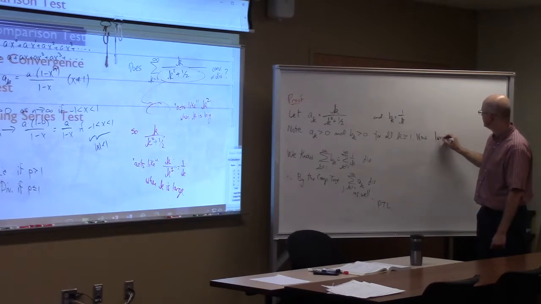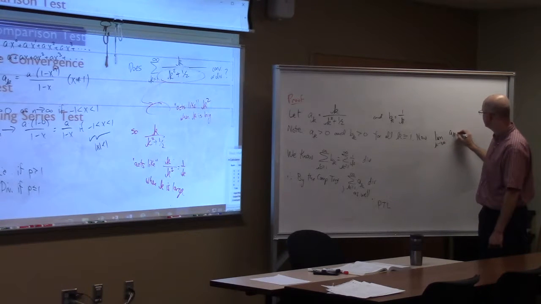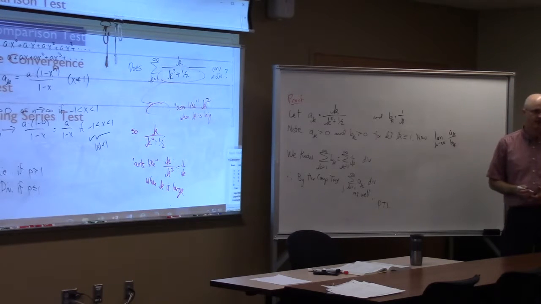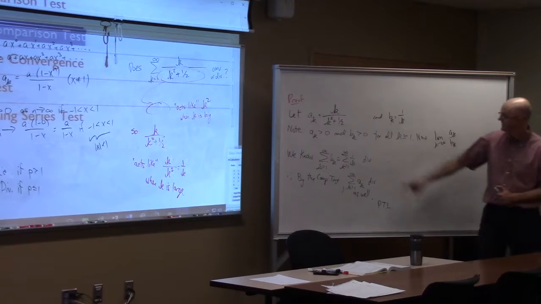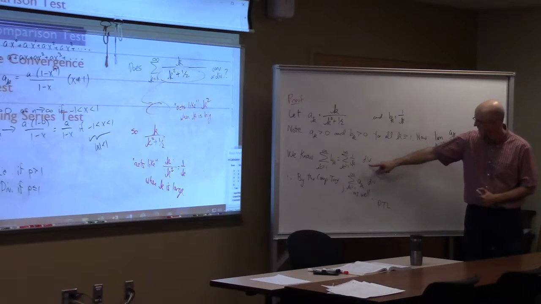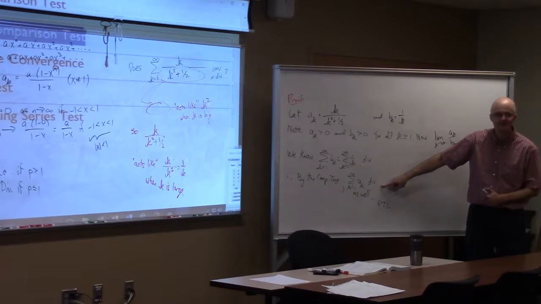Does the limit as k goes to infinity of AK divided by BK exist, first of all? It's not infinity or something. And is it positive? If it exists and is positive, then the divergence of the harmonic series will imply the divergence of the series we're interested in.